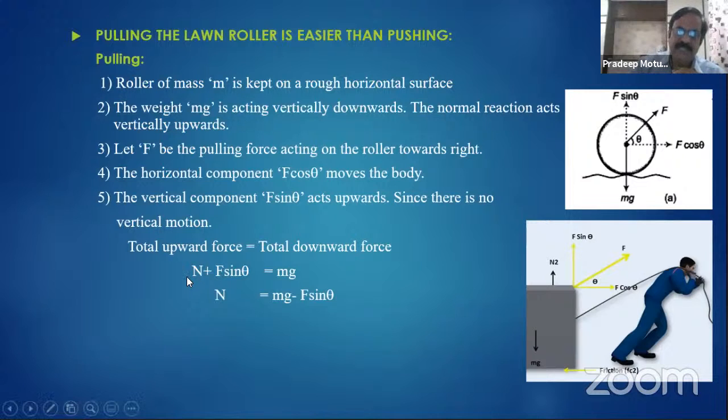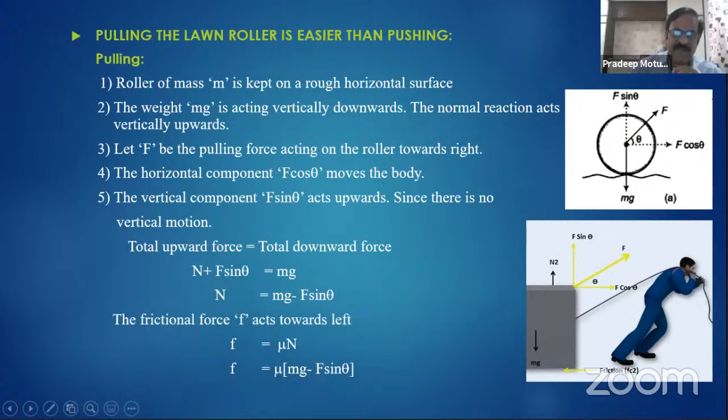That is, N plus F sin theta equals mg. Therefore, taking F sin theta to the right-hand side, N equals mg minus F sin theta. So the normal reaction is mg minus F sin theta.